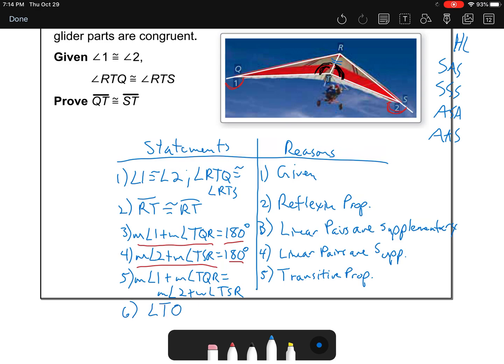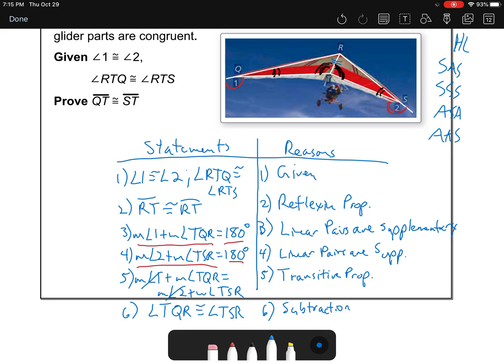So wouldn't that mean then that we could subtract them out and we would have this? If we subtracted angle 1 and angle 2 because it's the same number? Yeah. So TQR, that's this one, is congruent to TSR, and that would be because of subtraction.